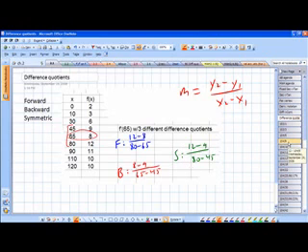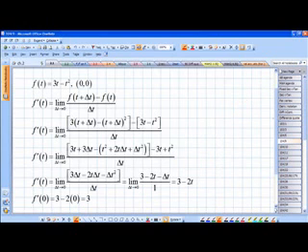Here's another example of finding the derivative using the limit definition of the derivative. We've got f of t is 3t minus t squared. We want to find the derivative at the point 0, 0 at the origin. So in terms of t, here's our limit definition of the derivative. f of t plus delta t is 3 times (t plus delta t) minus (t plus delta t) squared, and then minus f of t, so minus (3t minus t squared).